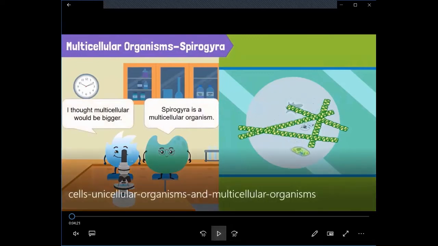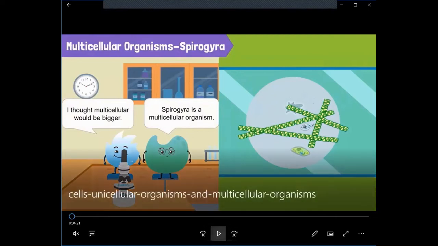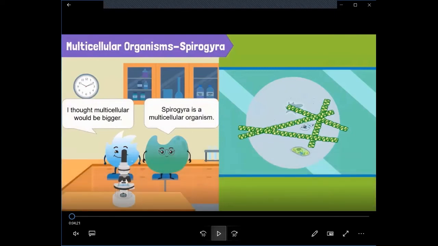But you may wonder, I said before that multicellular organisms are bigger because they are joined together, so we don't need a microscope to see them, right? But no, spirogyra is an exception. Spirogyra has fewer cells.